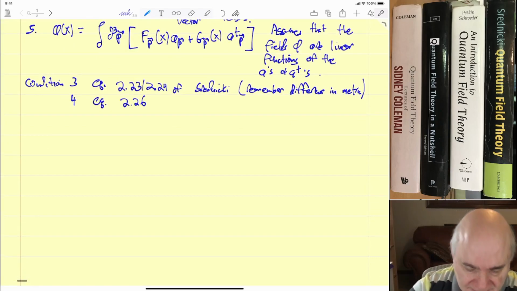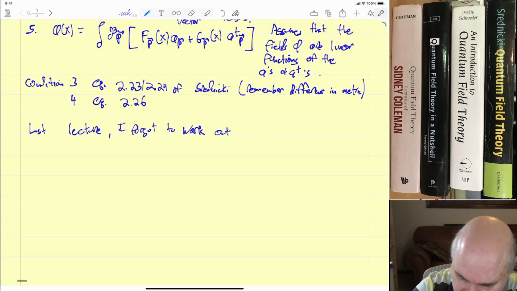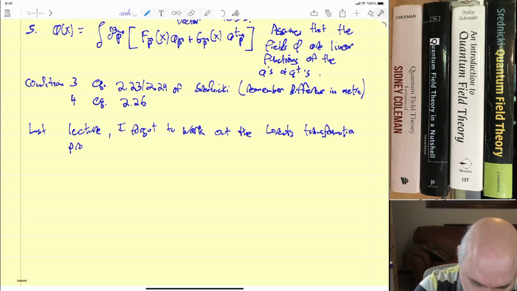Now, in the last lecture, we'll need it this lecture, but I forgot to work out the Lorentz transformation properties of the A and A dagger operators.